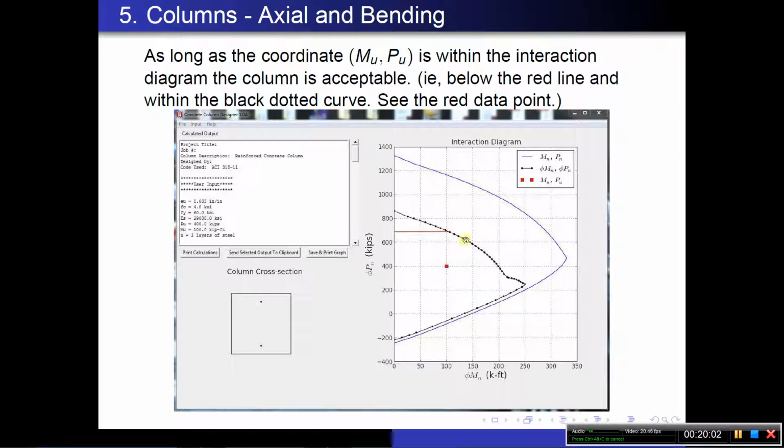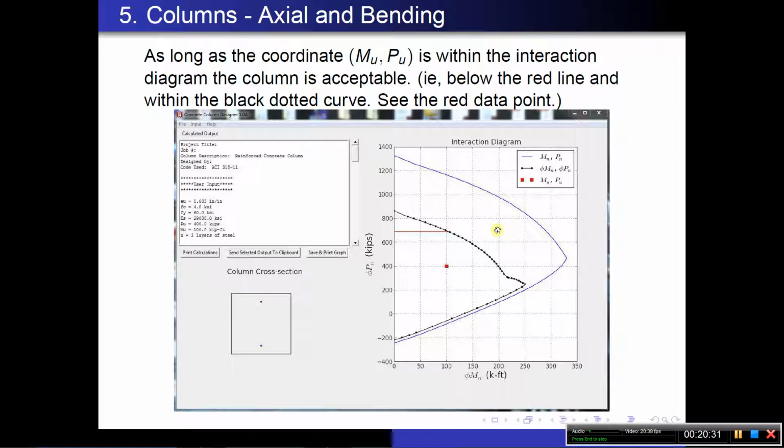If it is within this envelope, then that says that the column that was created to generate this envelope is adequate for this load combination of M sub u and P sub u. So we want our M sub u, P sub u coordinate to be inside this envelope. If it is outside this envelope, then it is not acceptable.